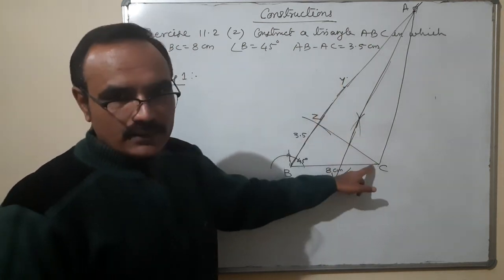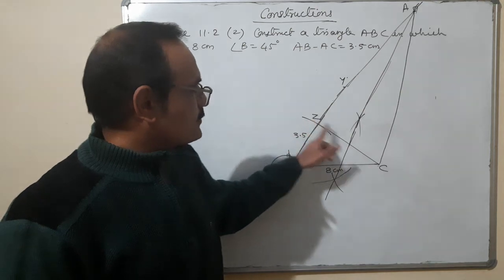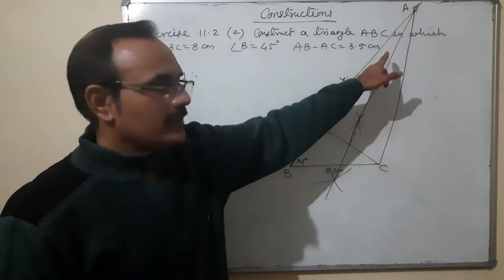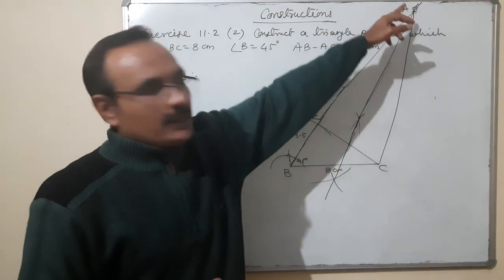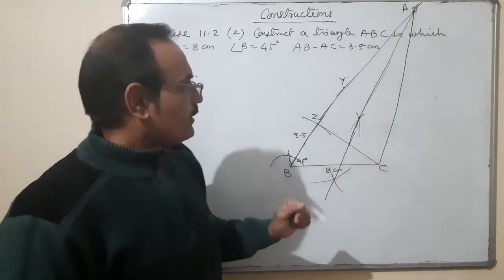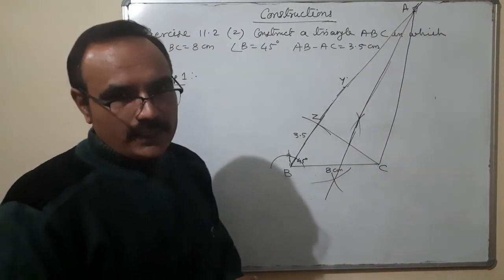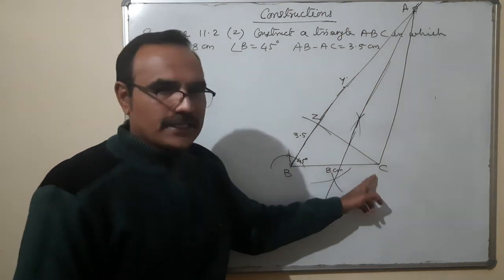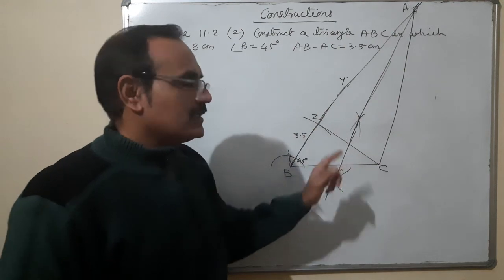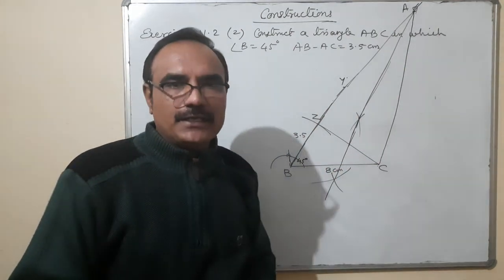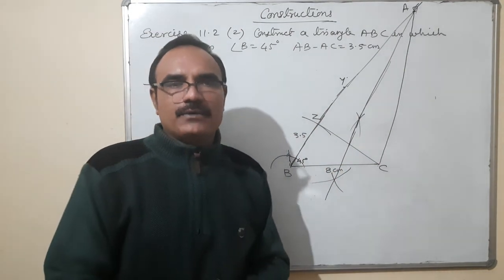Join Z to C. Draw the perpendicular bisector of ZC intersecting the produced BZ at point A. Join A to C. Therefore, triangle ABC is the required triangle in which BC is equal to 8 cm, angle B is equal to 45 degree, and AB minus AC is equal to 3.5 cm.